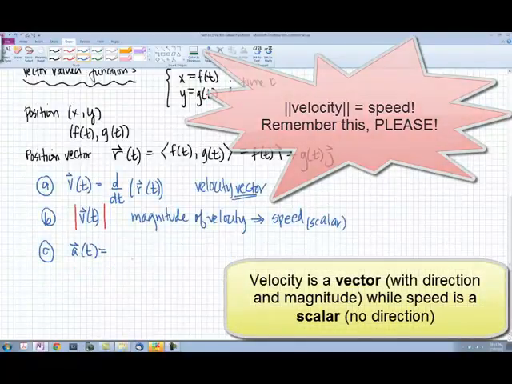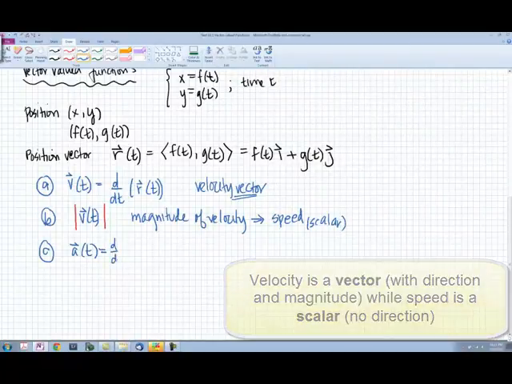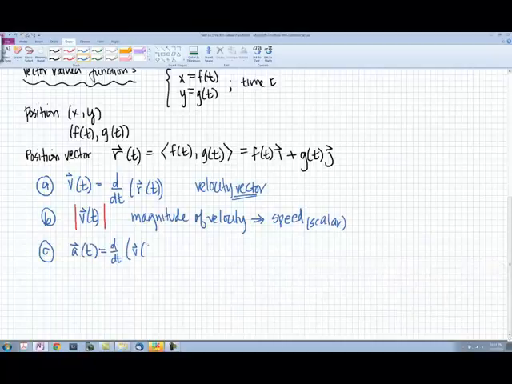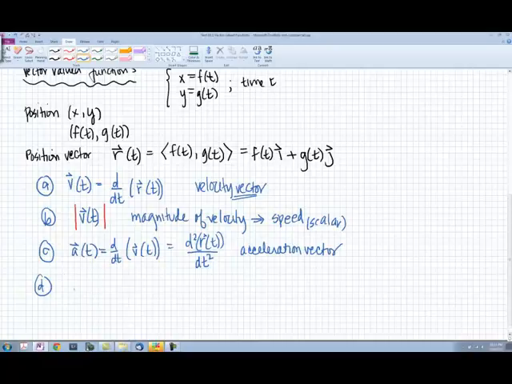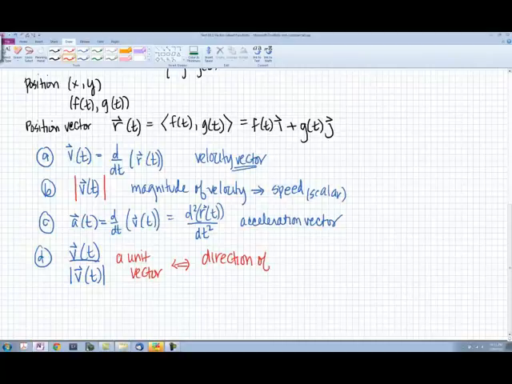We can say that the acceleration vector, a, is the derivative with respect to time of your velocity vector, which is also the second derivative of your position function with respect to time. And then one other thing to go with this is that the velocity divided by its magnitude, which is a unit vector, is what is referred to as the direction of motion.